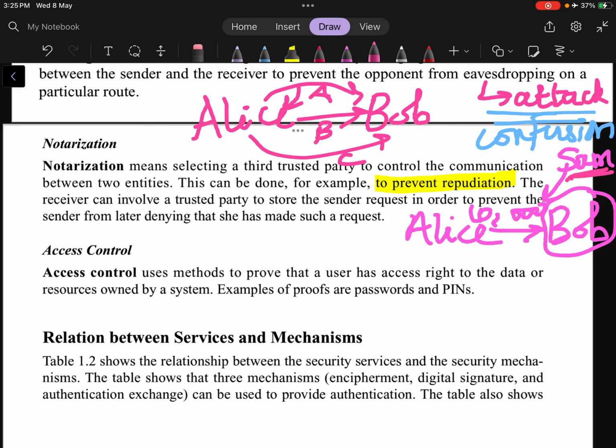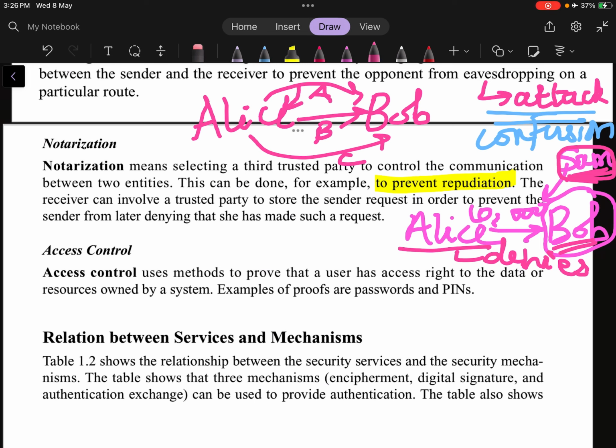So that later, even if Alice denies, saying no, I hadn't sent you such a message, then Bob can take the help of Sam and say that Sam was a person who has seen this conversation which has happened between us. So the trusted third party is present.